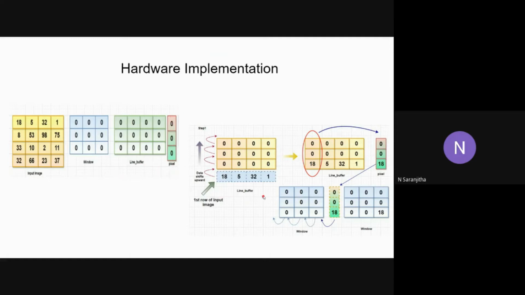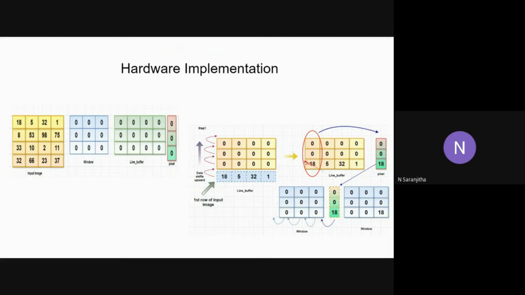Okay. So in the first step, the window, line buffer, and pixel are all initially stored with 0 values. Then we extract the first row of the input image and copy it into the last row of the line buffer, by shifting the line buffer vertically upwards.